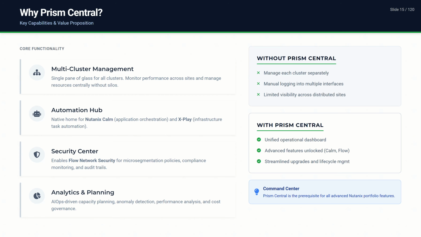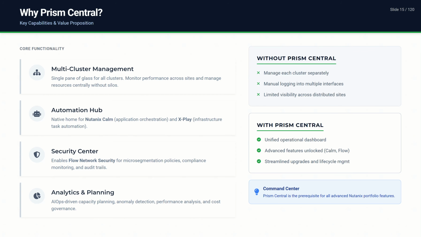And finally, we have analytics and planning. This is where AI comes into play. Prism Central uses AIOps, AI-driven operations for capacity planning, anomaly detection, performance analysis, and cost governance. It's not just showing you what's happening now, it predicts what's going to happen and helps you plan accordingly.